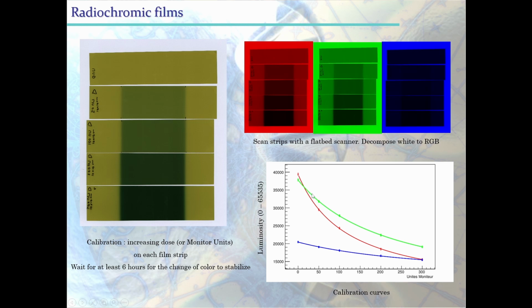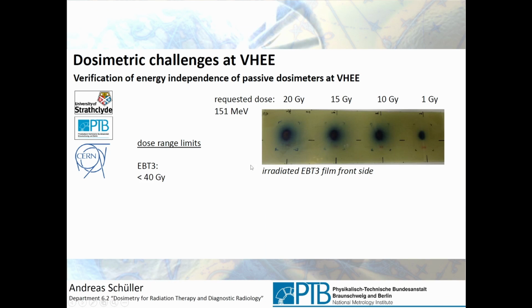It will turn to dark strips. And this can be used for measuring the dose that has been delivered even by very high dose rate beams. The problem with such films is that it takes several hours to stabilize after irradiation, and it takes time to get the readings, so you cannot use them in real time.